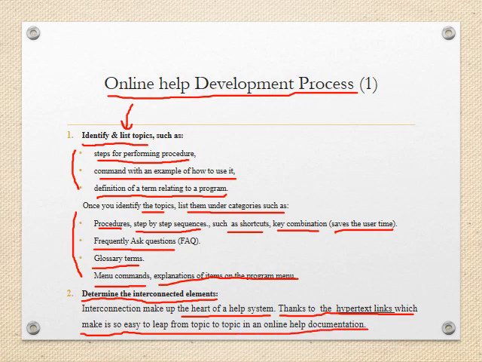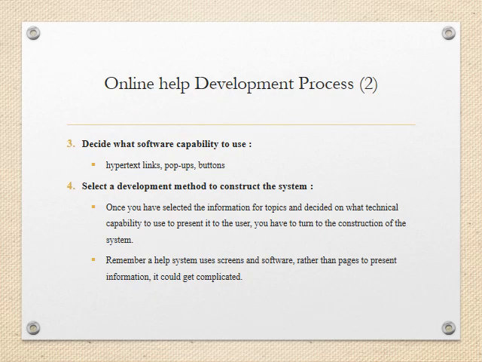So in online help documentation the most important thing is hyperlinks, or interconnection between any topic and other topics. After we defined the topics and put them in groups, second, we have to define the nature of the connections between the topics.